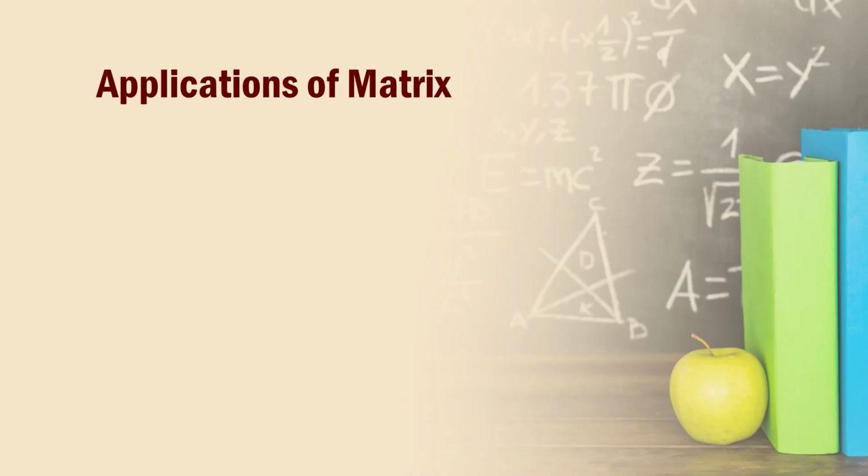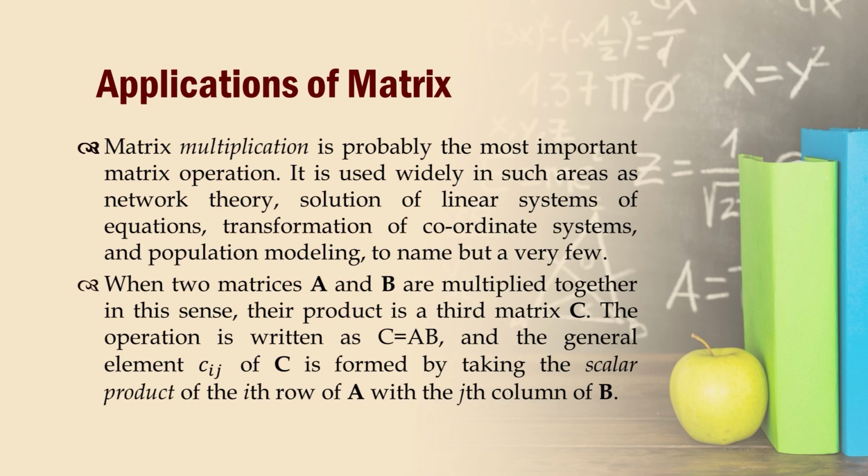So, what are the applications of matrix multiplication? Matrix multiplication is probably the most important matrix operation. It is used widely in such areas as network theory, solution of linear systems of equations, transformation of coordinate systems, and population modeling, to name but a very few.